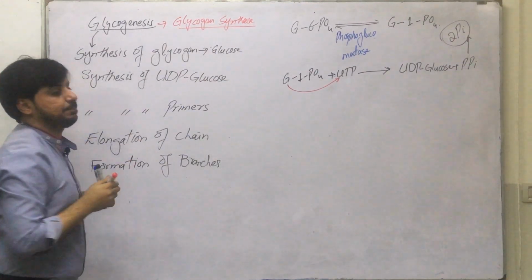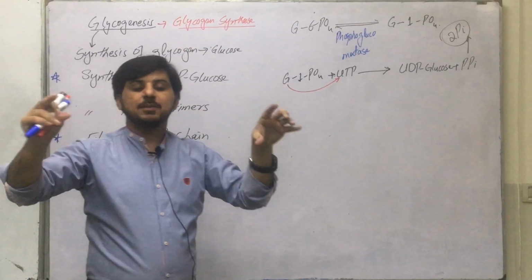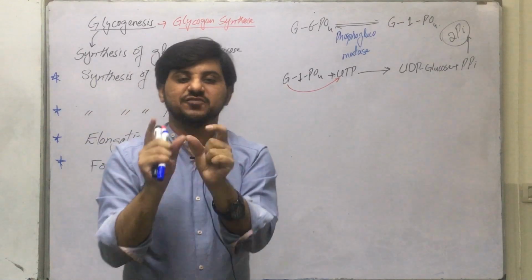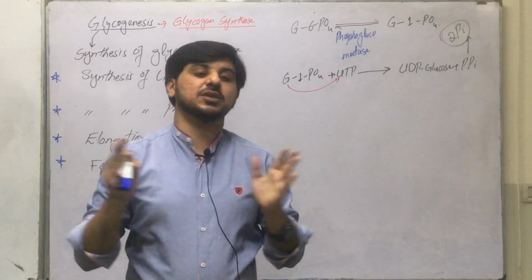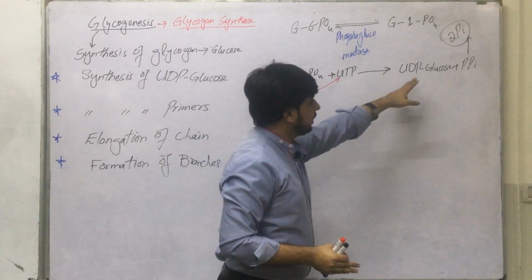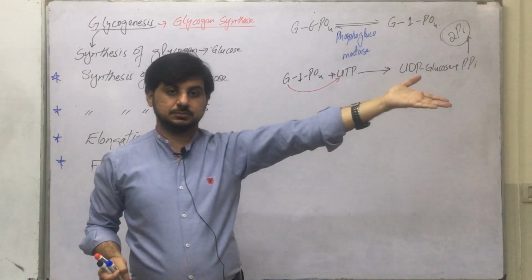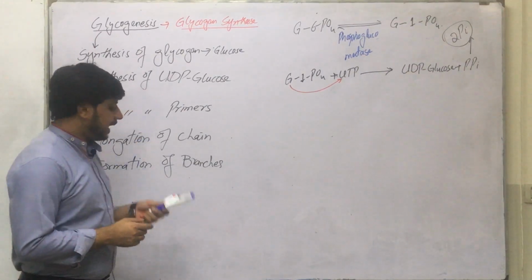This enzyme only acts on the primers, on the short fragments of glycogen or any sort of primer. It cannot start the polymerization of this glucose molecule into the glycogen. That's why we need a primer.